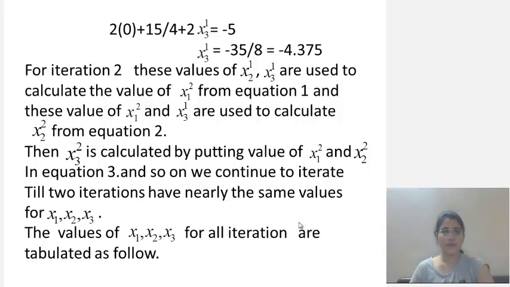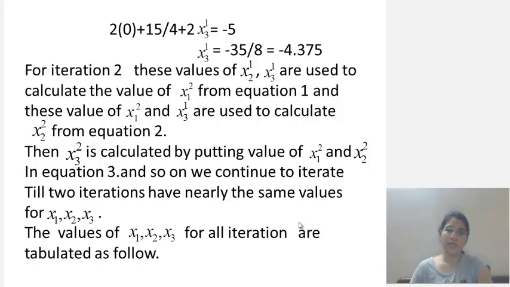And this value of x1(2) and the value of x3 from the first iteration are used to calculate the value of x2 for the second iteration from equation 2. Then x3(2) is calculated by putting the values of x1(2) and x2(2) in equation number 3.